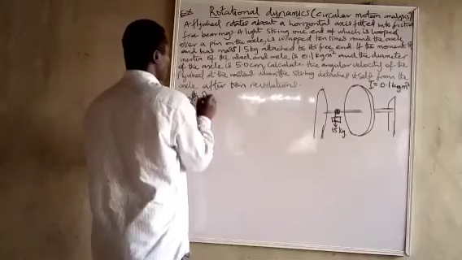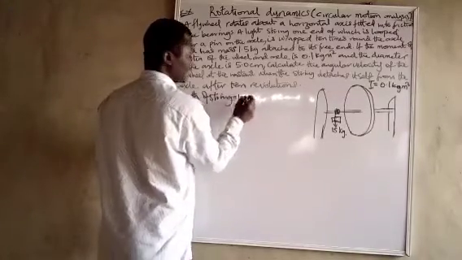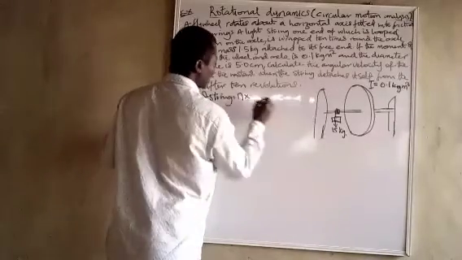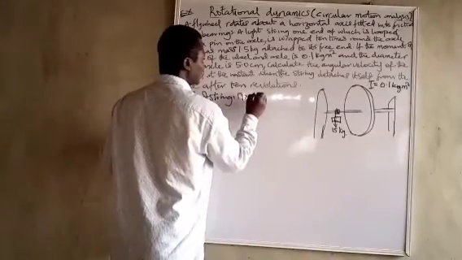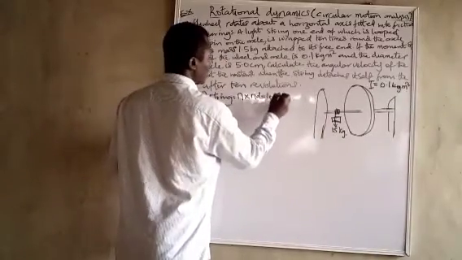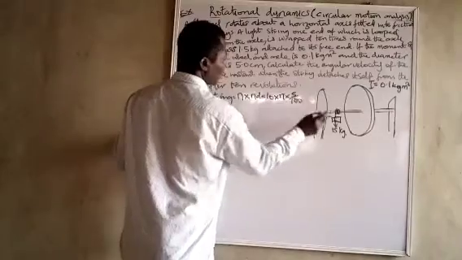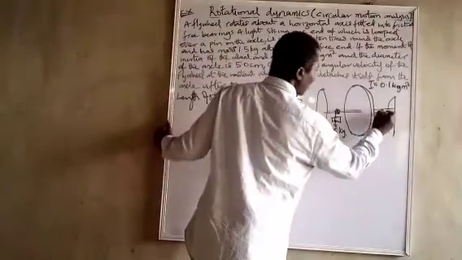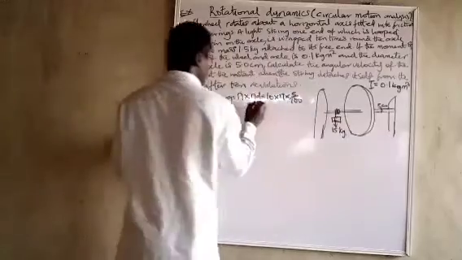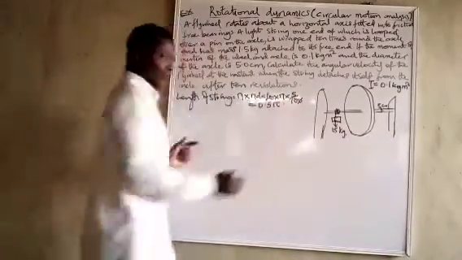Length of string is equal to number of revolutions times circumference, pi d, circumference of the axle. And that is going to be 10 times pi times 5 over 100. Remember, the diameter of the axle is 5 centimeters. Please note. So this is 0.5 pi. That is the length of the string.